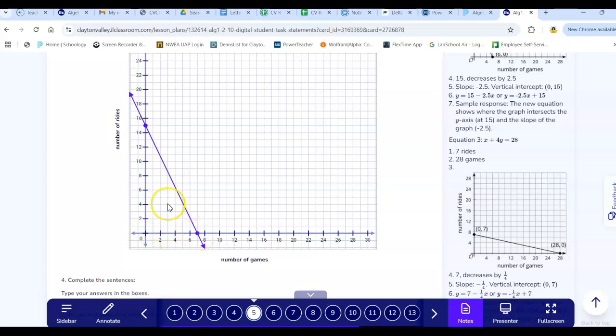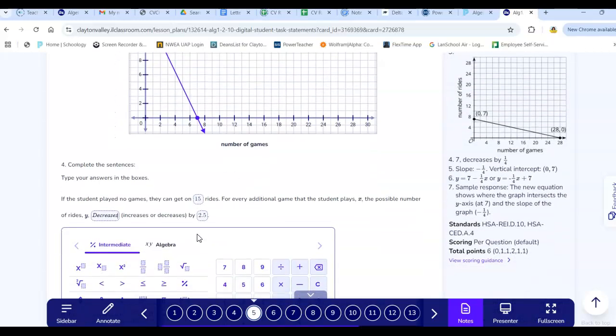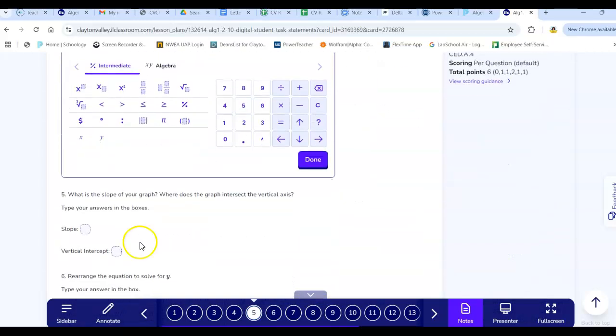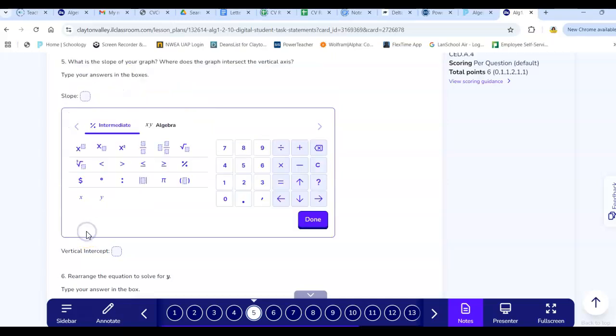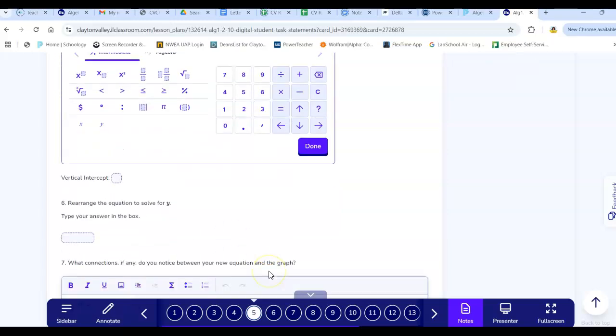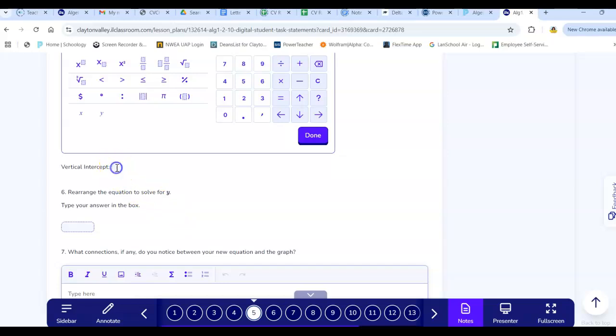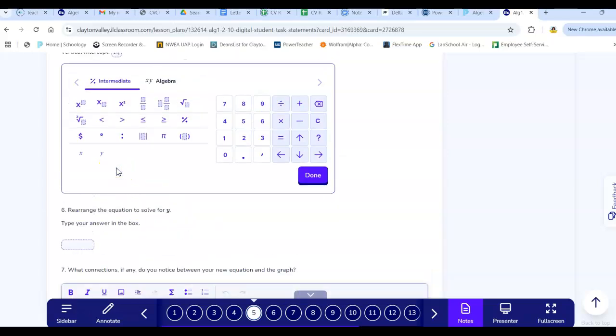Okay? So it goes down 15 and to the right 7. So that's 15 divided by 7, which if you do that math is 2.5. Okay? So the slope is 2.5. All right? The vertical intercept is 15.